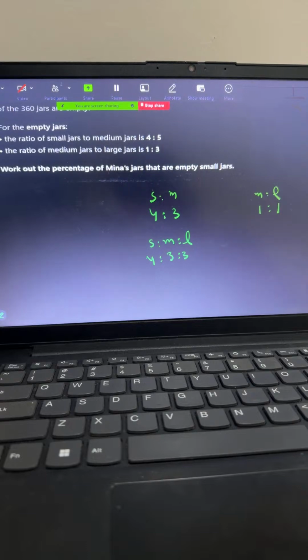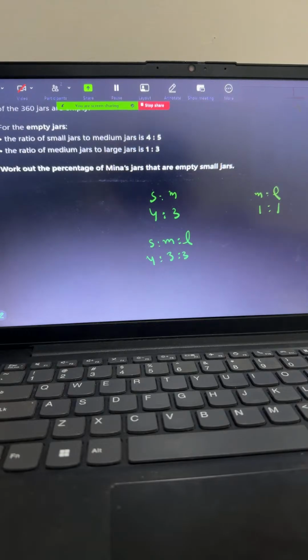So the thing is, first you combine all of these ratios. Add them. What are you getting? 10. How many empty jars are there? 90, right? So what are you going to do? You are going to divide 90 by 10, which gives you 9.